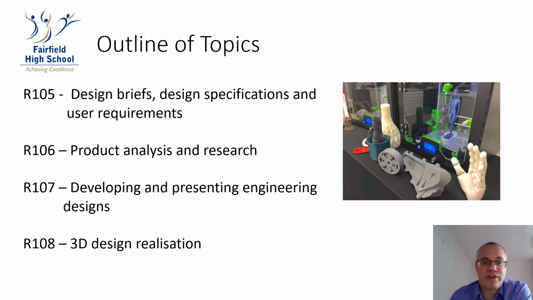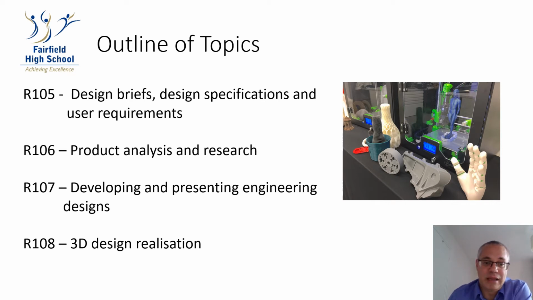The R107 unit is a design unit where students will be asked to produce a series of hand drawings and range of designs for a given theme, and from that then we'll be modifying those on computer and producing CAD drawings from that, or that will produce in a portfolio in the form of a PowerPoint. From those designs then produced in R107, we will then create those in R108 as a realistic object.